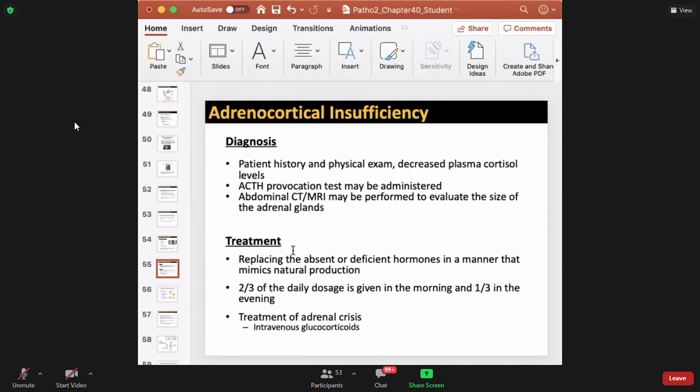Aldosterone is missing, so we replace it with salt tablets. Cortisol is missing, so we replace that. Because cortisol is highest in the day and then tapers off in the evening, you mimic that in the dosage as well, right? And of course, if they're in any kind of crisis, you want to use IV drugs instead.